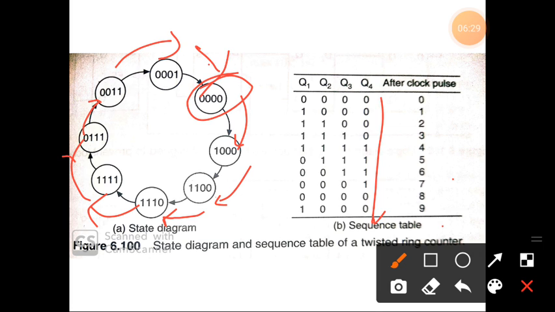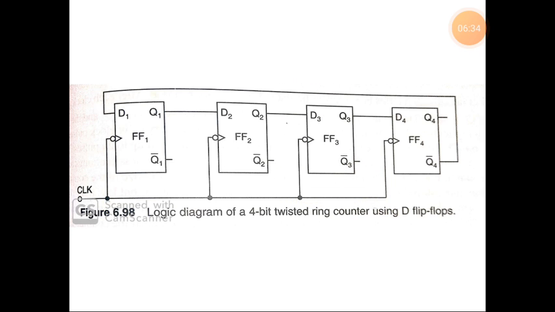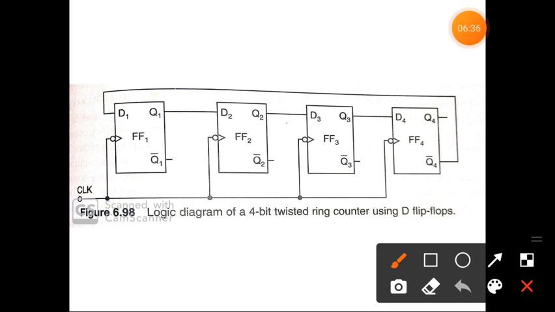Then we can explain with the diagram here, using D flip-flops. Initially all flip-flop outputs are 0 0 0 0. So Q4 is 0, then what will be Q bar? Q bar will be 1. This is the initial, 0th clock pulse. Then what will be the first clock pulse?